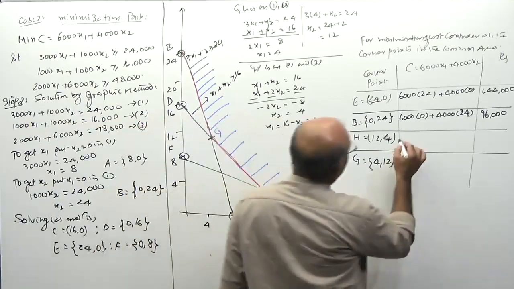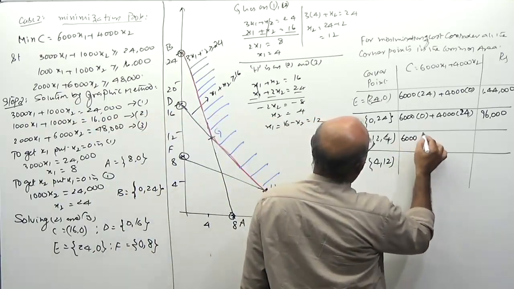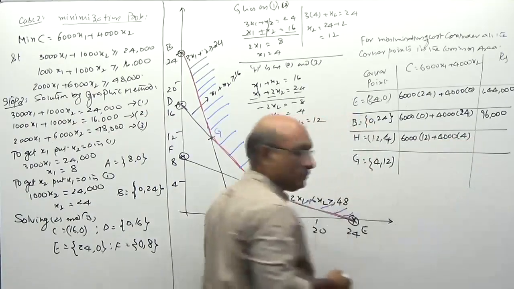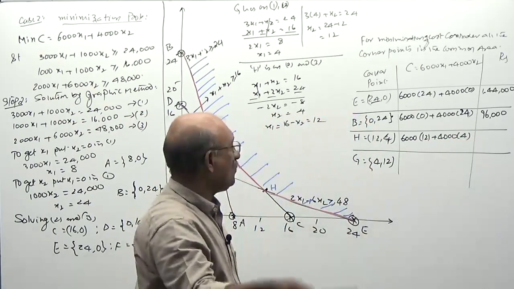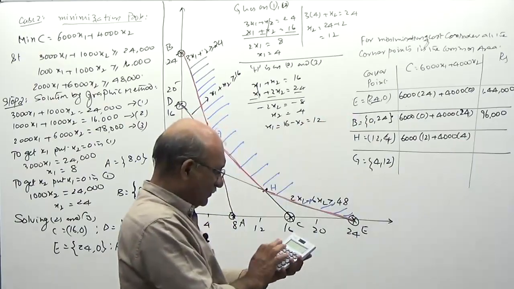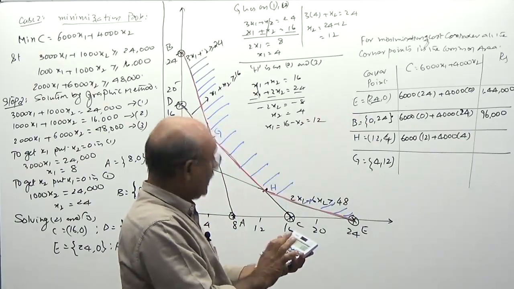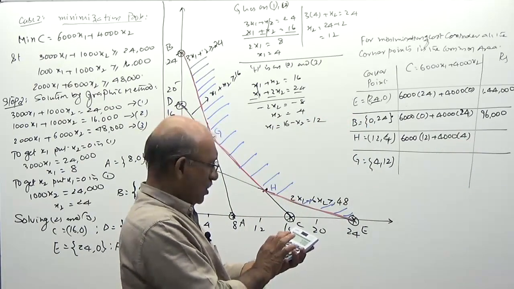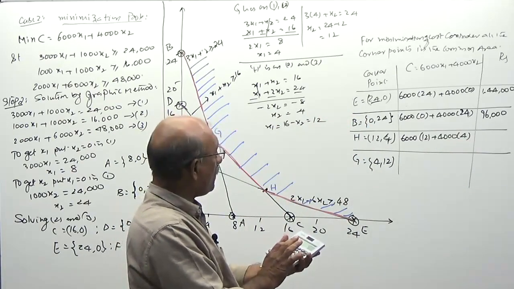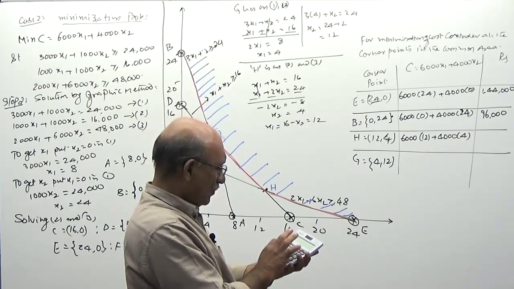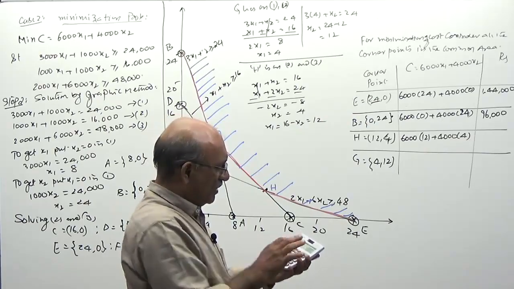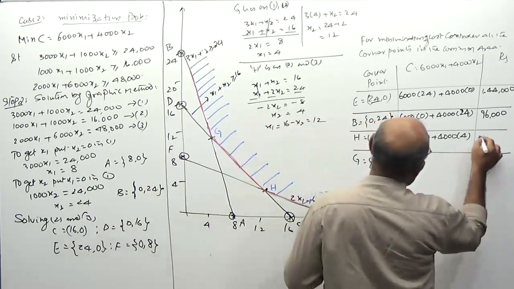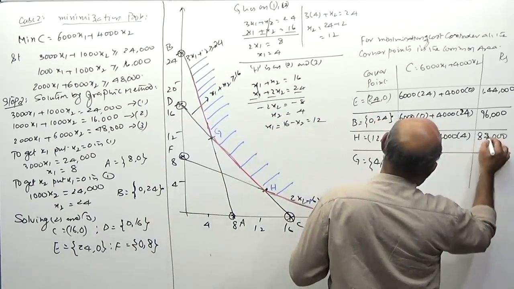So it is 6000 into 12 plus 4000 into 4, which is 88,000.